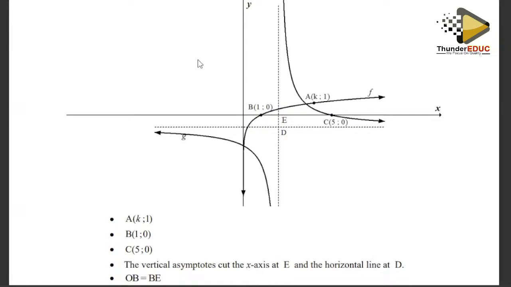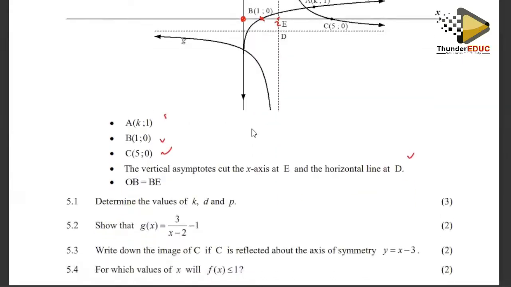Where is OB? This is O. This is P. It's the same as BE from here up to here, meaning that this is at 2. The vertical asymptote D is that. Then C is that. So that's the information we have. Then they want us to find the values of K, D, and P.